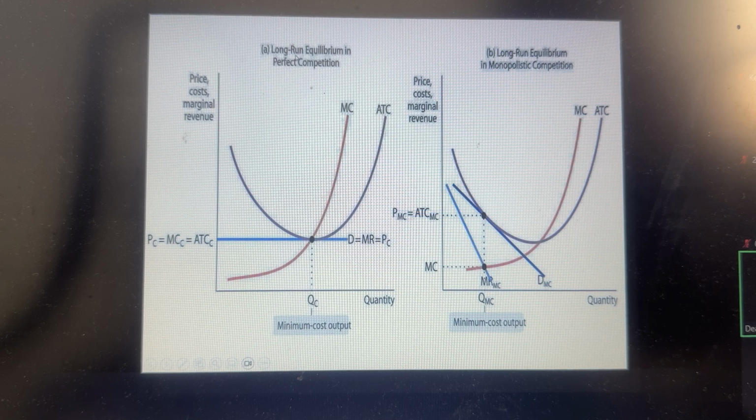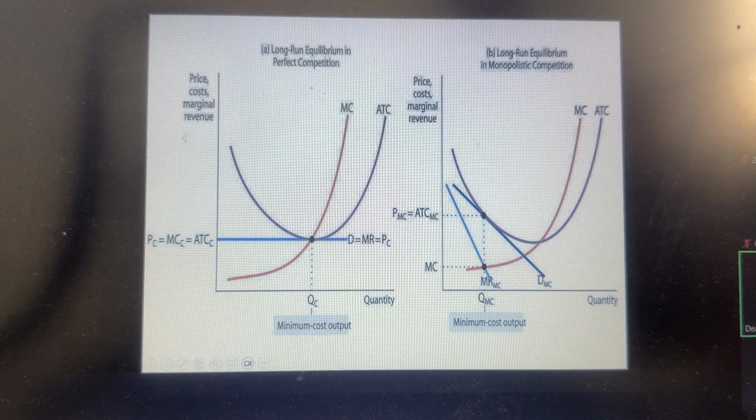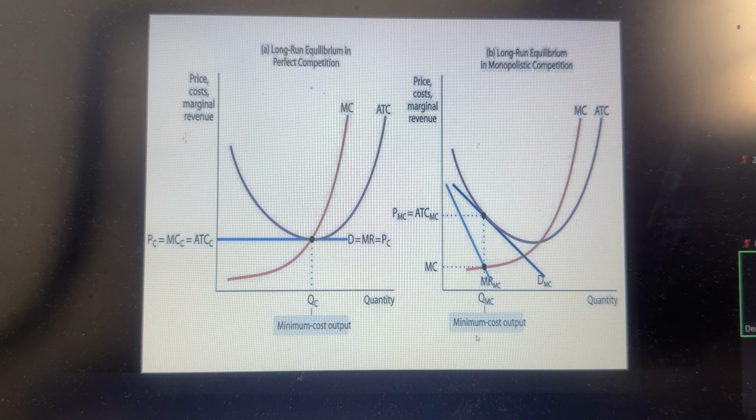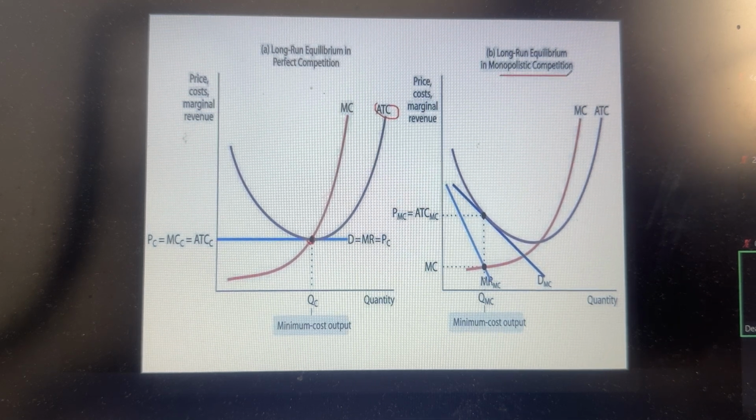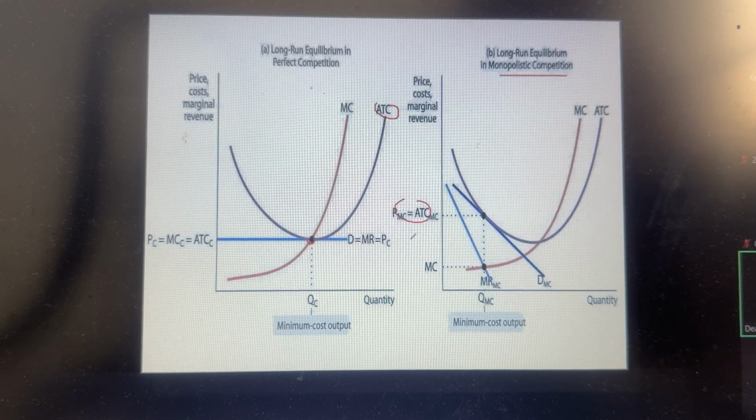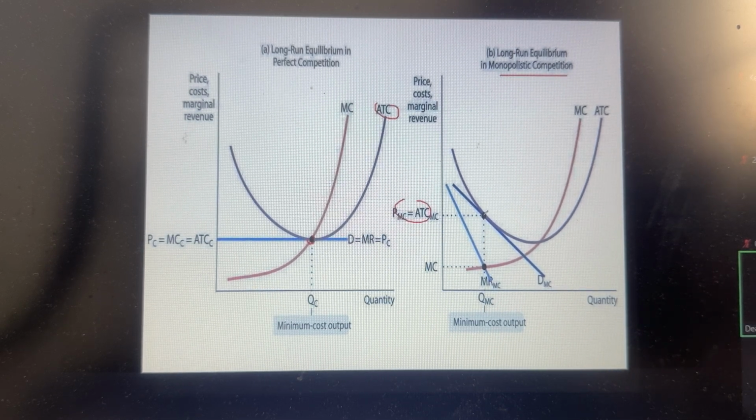And this is the long run in perfect competition, producing at the minimum point of the AC curve. So profit is 0 here in the long run. In monopolistic competition, even though profit is 0 because of this condition, it is not equilibrium at the minimum point of ATC, but at the downward sloping point. The firm is not coming up to this one, right?